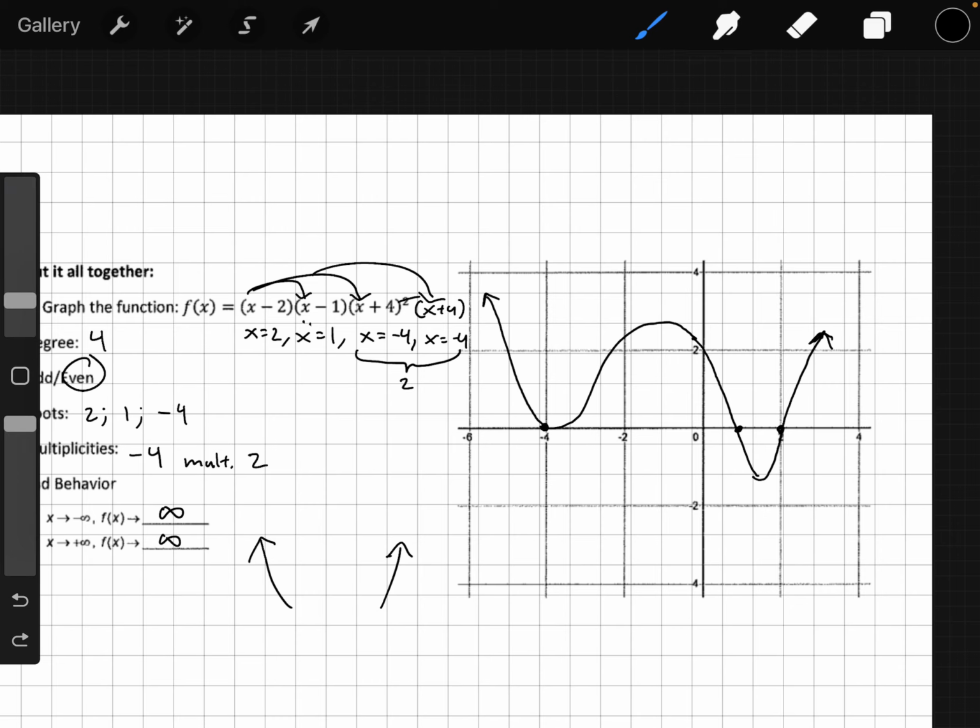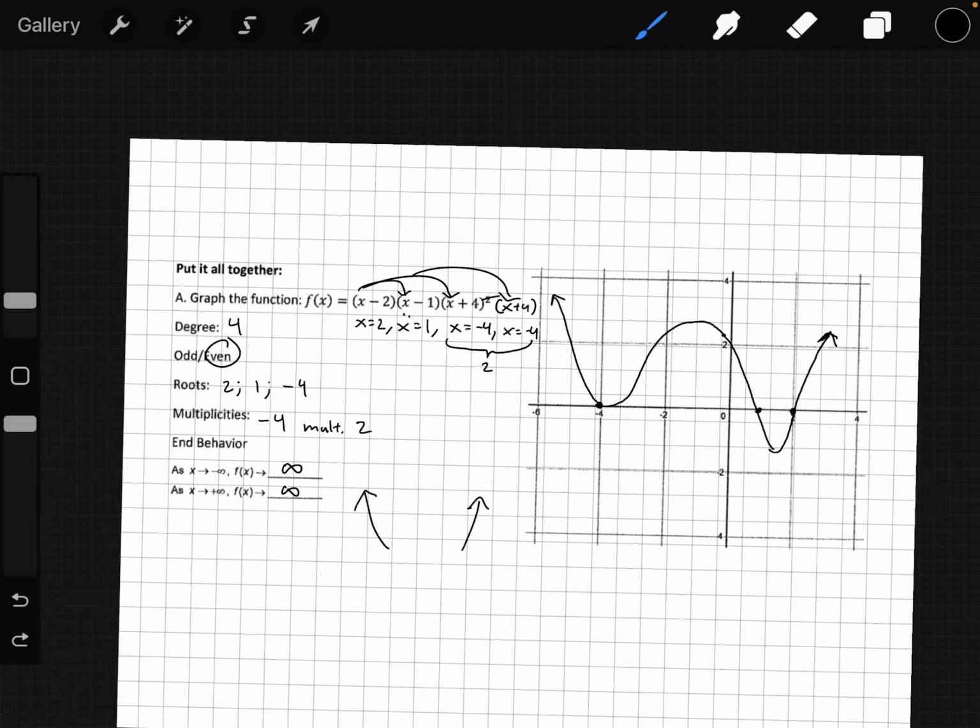These have odd multiplicities of 1, so they'll go straight through, whereas this one has a multiplicity of 2, so it'll bounce.